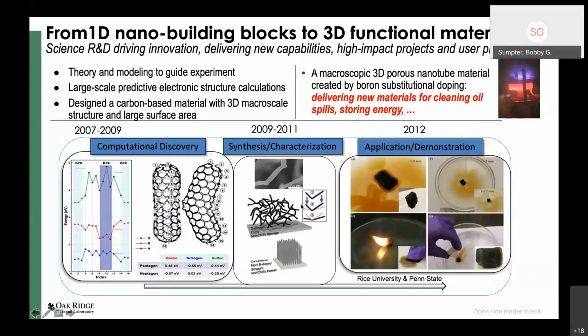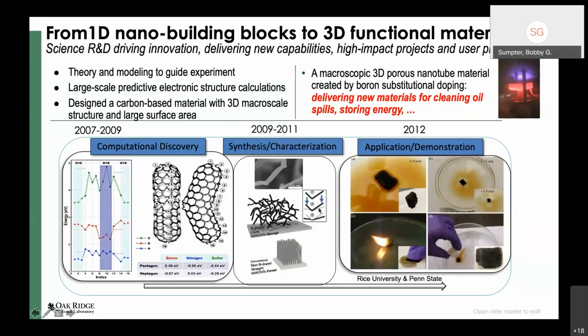Indeed, that happens. Then the student said, well, carbon likes oil, but it doesn't like water. So this could be an amazing actual sponge for oil. And so this over here on the right is an actual demonstration, starting from some computational discovery to the synthesis and to the actual application, where this monolithic structure that was grown in the CVD chamber is placed into a slurry of oil and water.